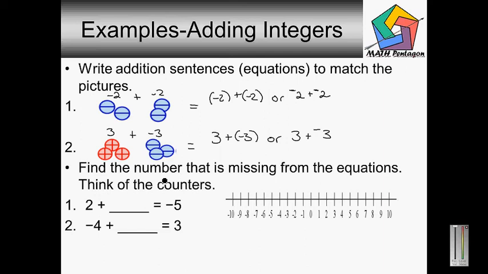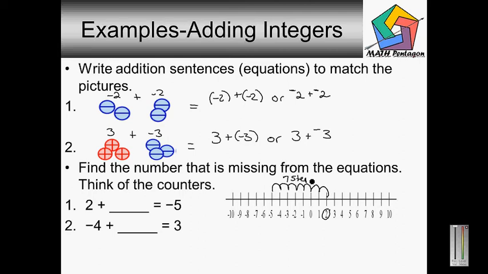Okay, let's go to the next directions. It's telling us to find the number that is missing from the equations. Think of the counters. So we have 2 plus blank equals -5. So we start out at 2, and we have to get to -5. So we have to move 1, 2, 3, 4, 5, 6, 7.